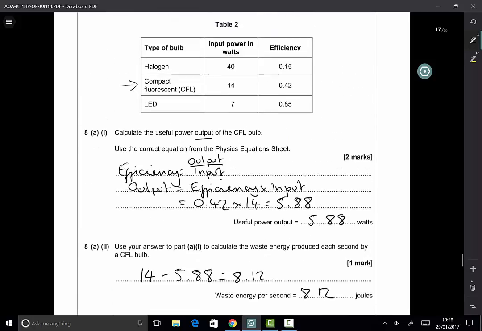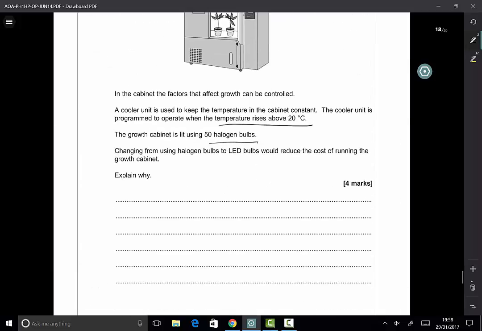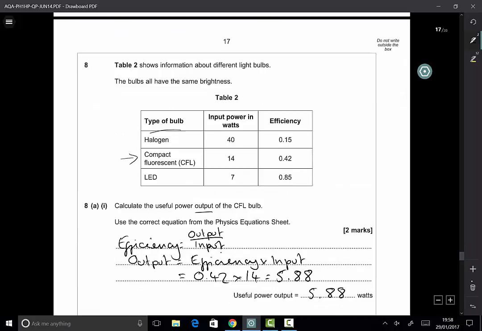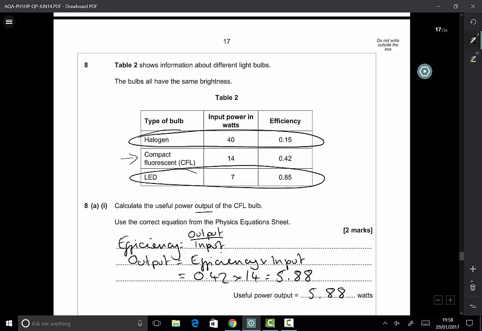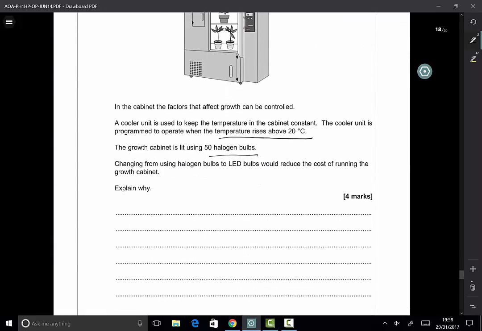So the first thing we need to consider is, we're comparing LEDs with halogens. We can see that the LEDs use less input power than the halogens.